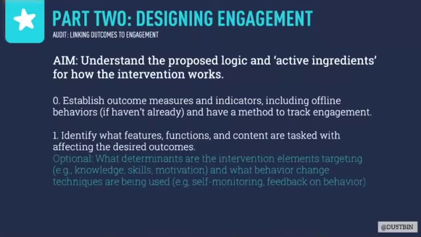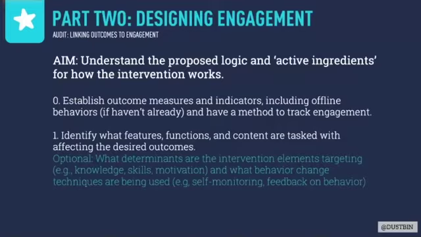From there, we really want to look at what features, functions, content are currently in your intervention tasked with affecting those outcomes, right? What different kinds of things are in your intervention that you believe lead directly to outcomes, are beneficial, right?